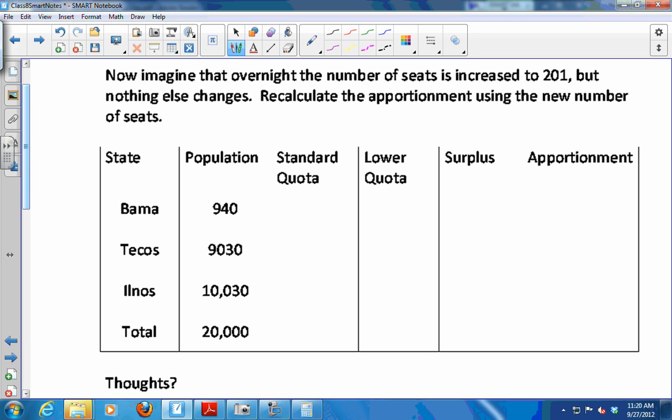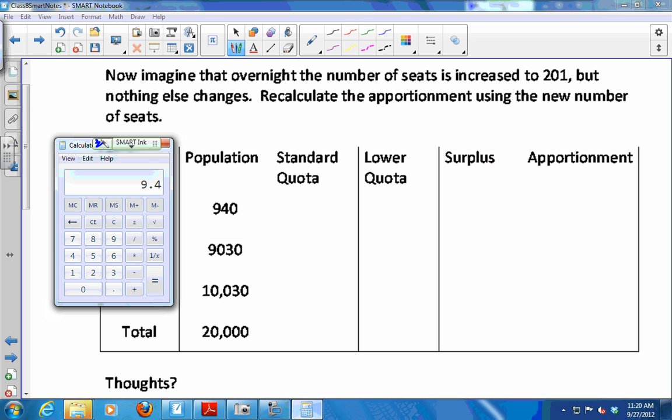Nothing else changes, no population changes. So I have to calculate a new standard divisor. I do my 20,000, and this time I'm going to divide by 201 seats. So my standard divisor is 99.5 something. So I'm going to divide each population by this much instead of by 100.